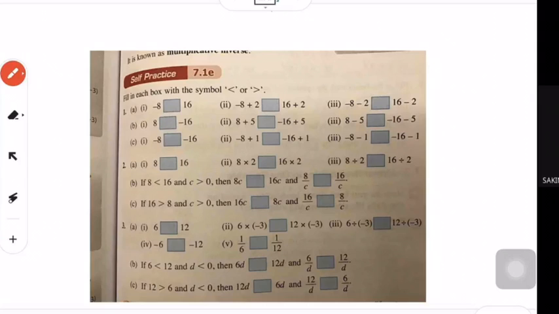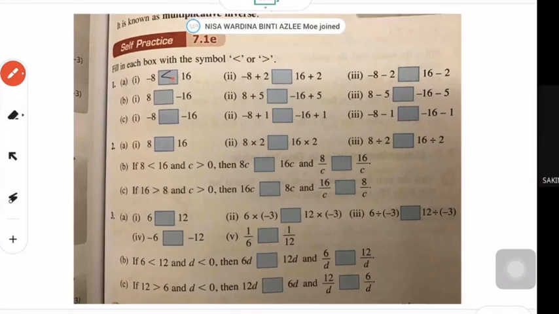Practice. Fill in each box with the symbol. Okay, this practice I think is easy. Quickly, the others. Number 1 you have many already. Number 1B, nobody has done it yet. Number 1 B3 and C3.